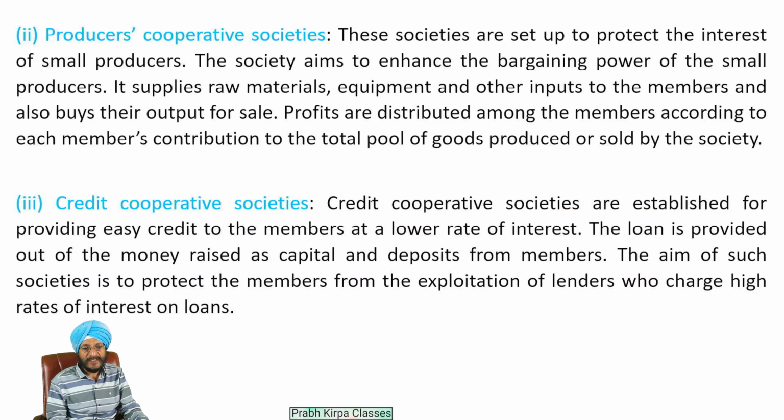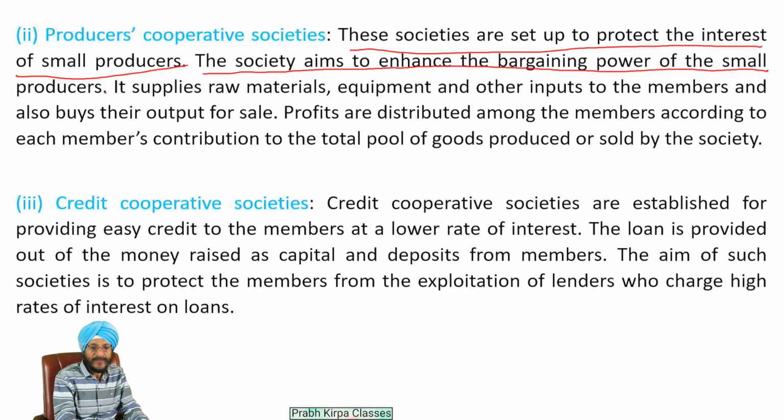Next, producers cooperative societies. As the name shows, these societies are set up to protect the interests of small producers. This type of society aims to enhance the bargaining power of the small producers.